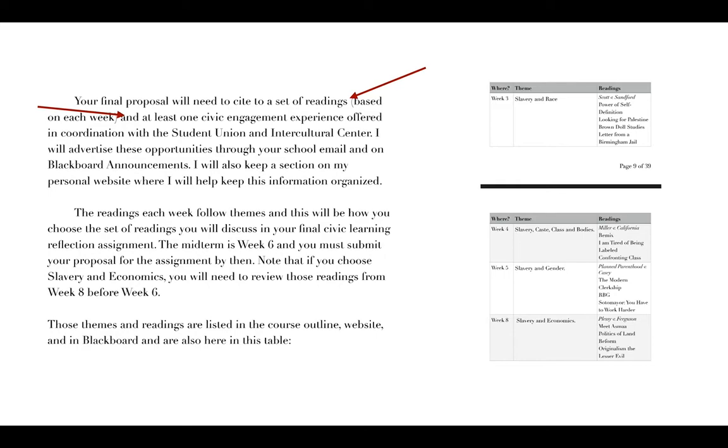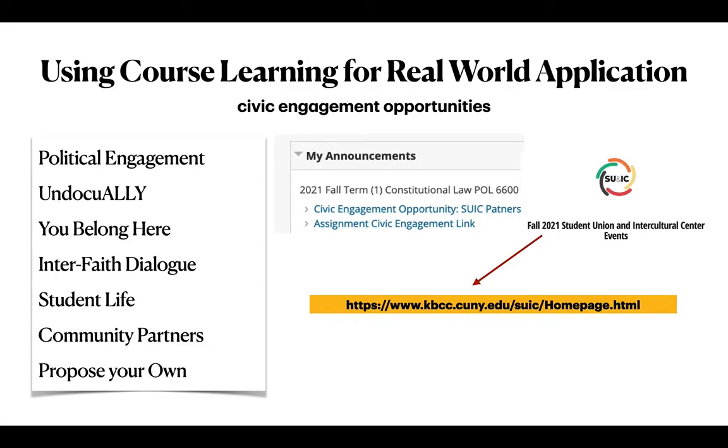I'll give you a big hint. During the midterm, there's going to be a couple of those concepts floating around in the midterm exam. And so you're going to be able to show me at that point how you're dealing with this understanding of civic engagement.